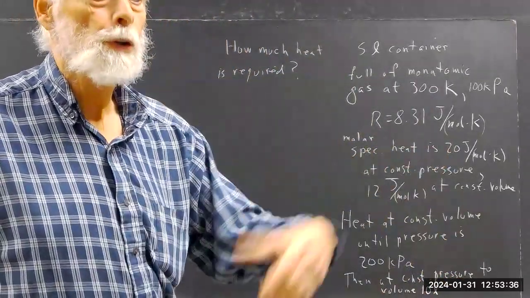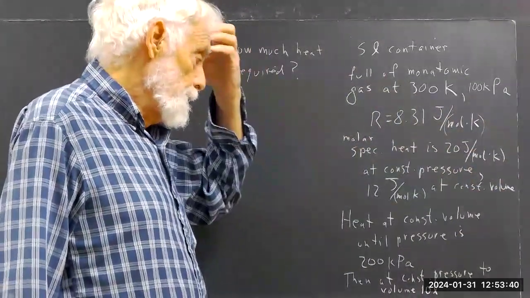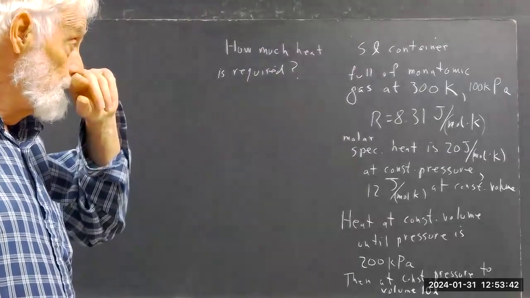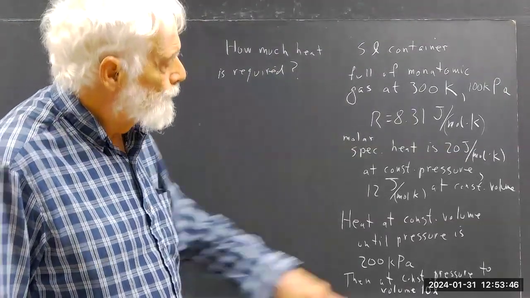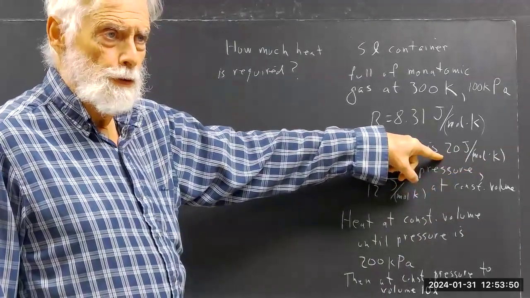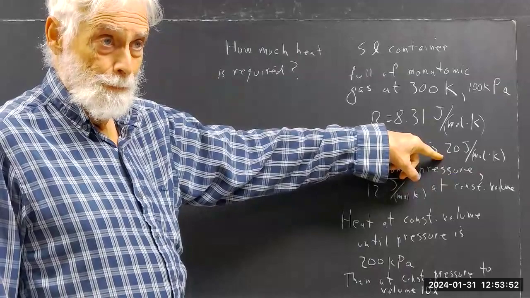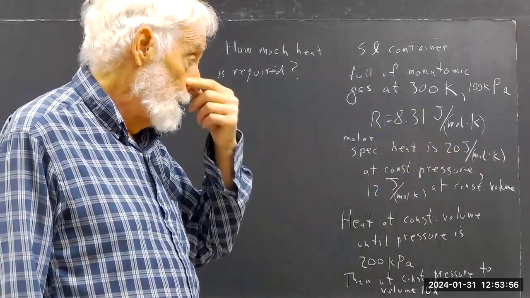It's closer to 0.2 than it is to 0.3. We'll use 0.2. If it's 0.2 moles, then that means every Kelvin degree, we're going to use 0.2 of 20 joules, about 4 joules. Okay, 4.5 joules for every Kelvin.